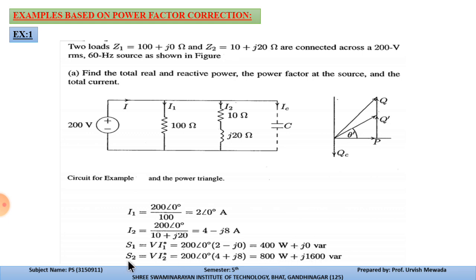Now S2 we can calculate with the help of the conjugate of current I2. So 200 at angle 0 times 4 plus j8 will become 800 watt plus j1600 VAR. From this we can see that this second branch is supplying 600 VAR of reactive power.